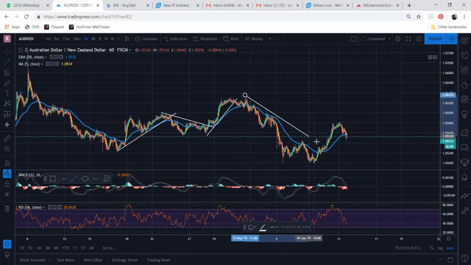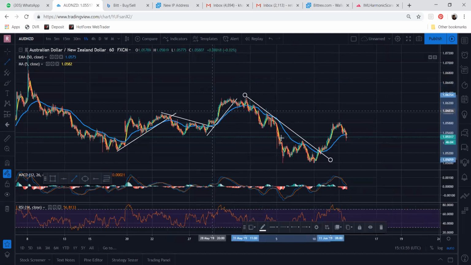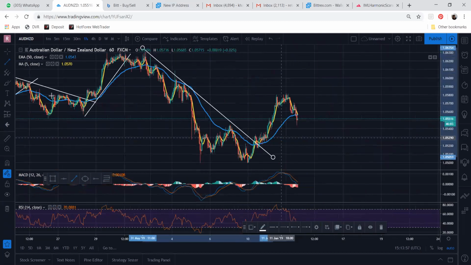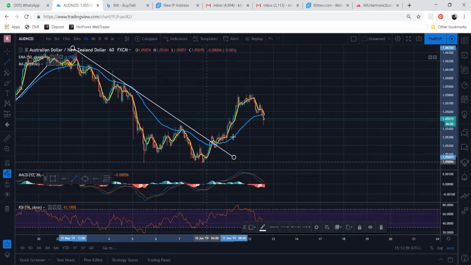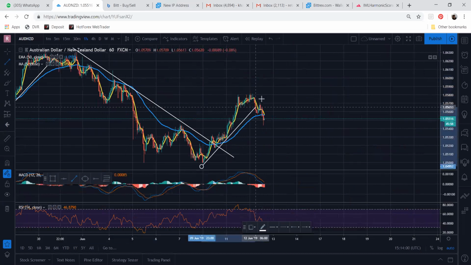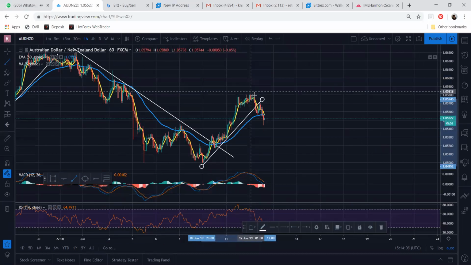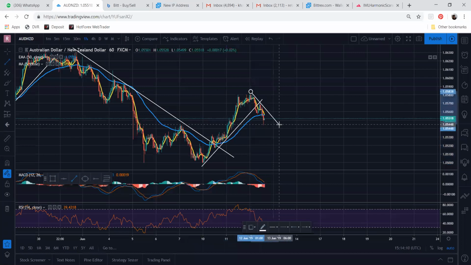Learn, get familiar with seeing trends, so that when you go on the Harmonic scanner, it's easy to identify a trend. So uptrends and downtrends, that's all you're doing. Identify trends.